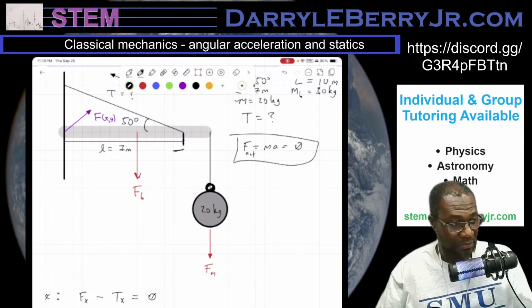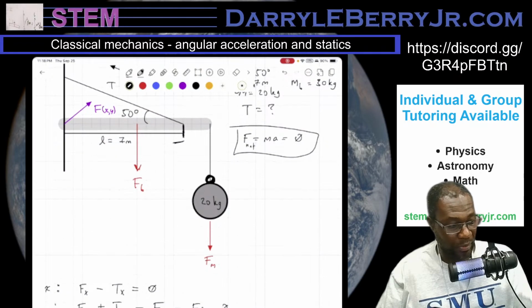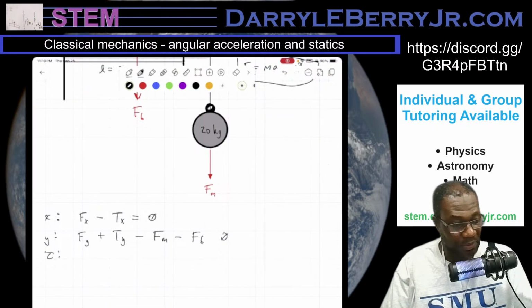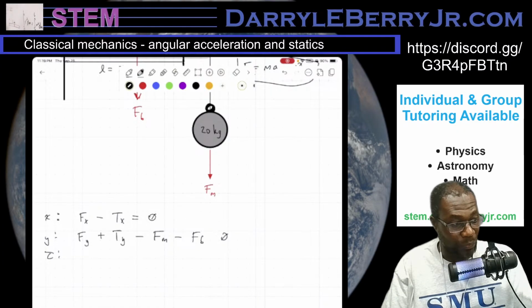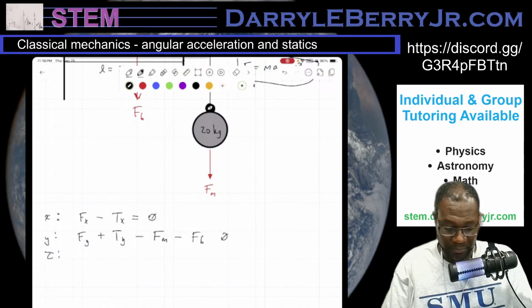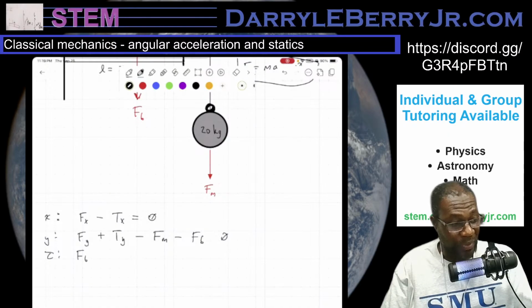So the torque of the beam is going to be the weight of the beam, the force of the beam, times 1/2 its length.